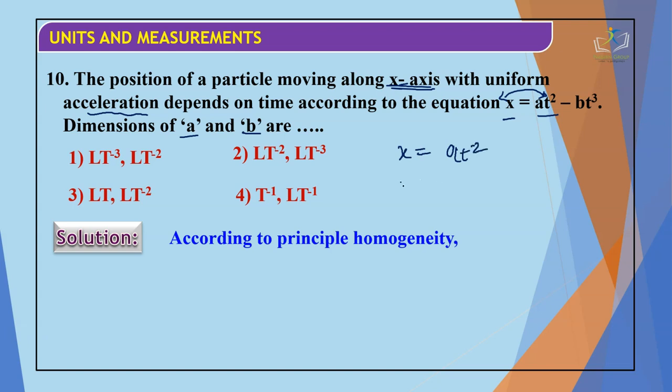So the dimensional formula for A is x by t square. So x I am taking as position, that means length. So this will be LT minus 2. And of all the options, only one is correct, that is the second one.